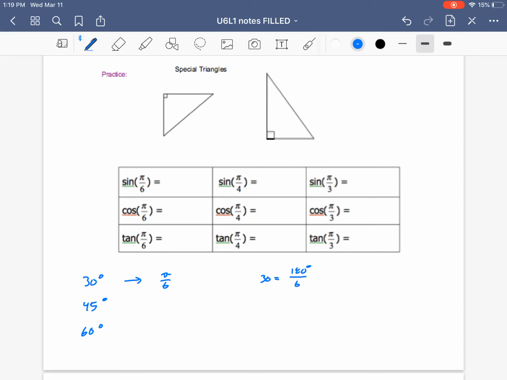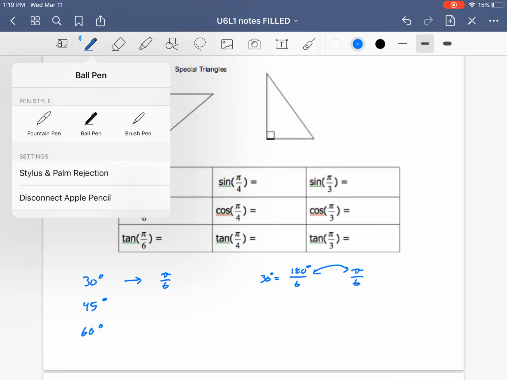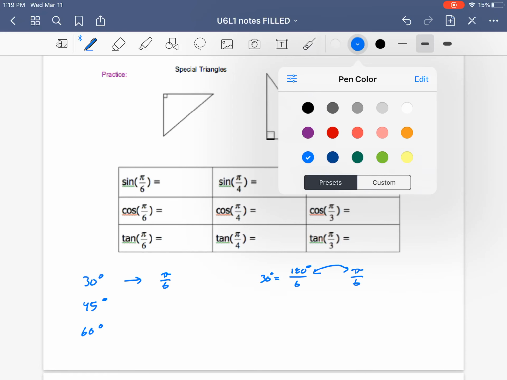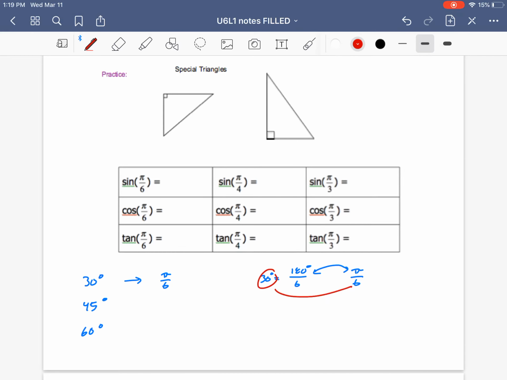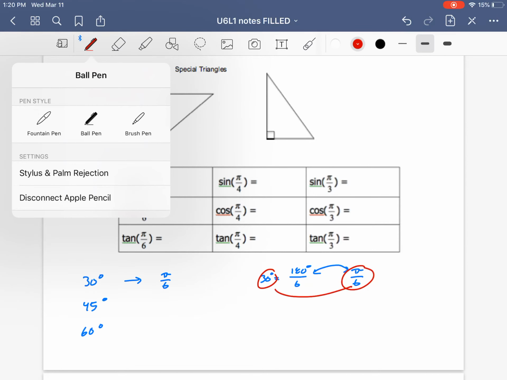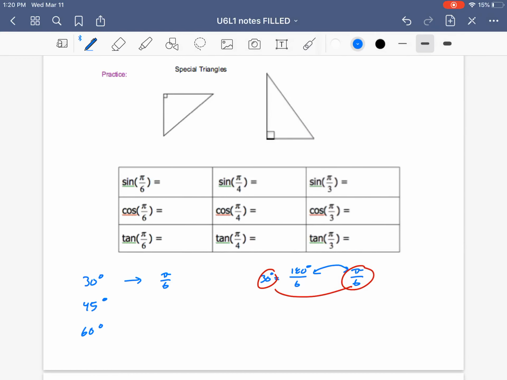So 180 degrees, if that's the same as pi radians, right? If 180 and pi are the same, well, 30 degrees, I'm not really drawing this very well, am I? 30 degrees is the same as pi over 6 radians. 45 degrees, that's the same as pi over 4 radians.